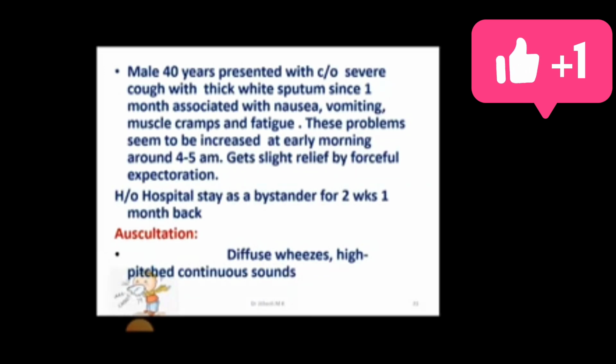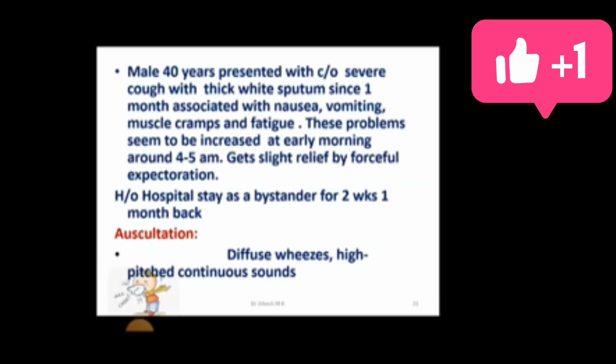This is what he will be explaining. At the same time, he says that he gets more discomfort, and when he does forceful expiration, the problem is relieved. He can spit out a little thick sputum, and once that sputum has passed out, again the problems are cleared. What could be the diagnosis?